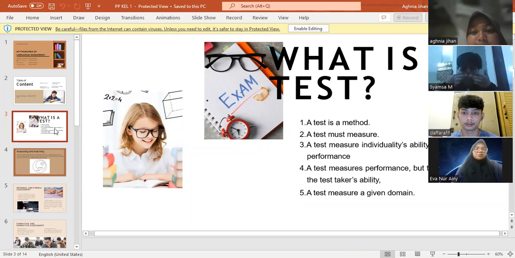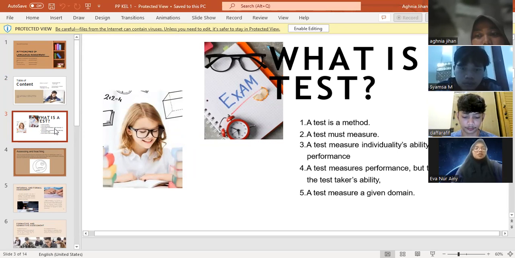It is an instrument, a set of techniques, procedures, and items that requires performance. The second is that a test must measure. Some tests measure general ability, while others focus on very specific objectives. The third is that a test measures an individual's ability, knowledge, or performance.